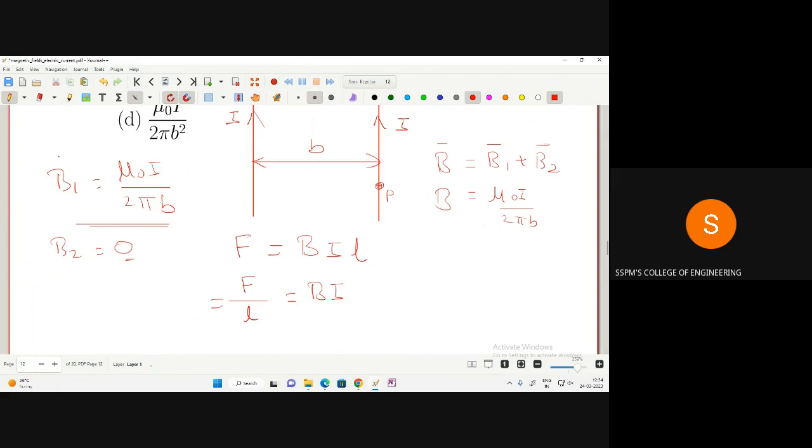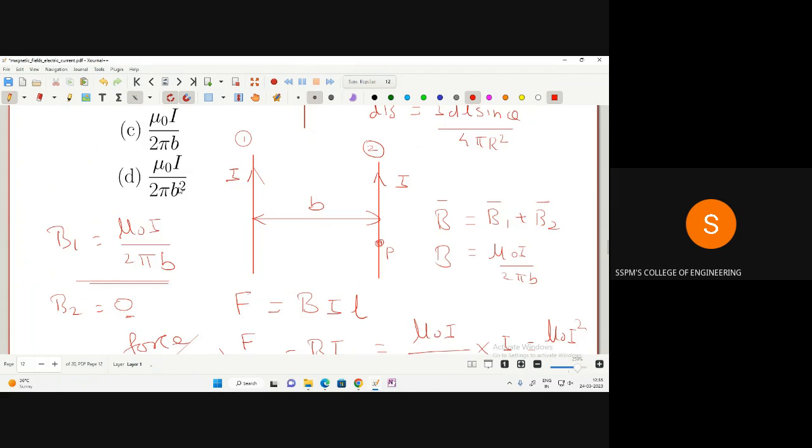Where F divided by L is force per unit length. Force per unit length is equal to B into I, where B is given mu 0 I divided by 2 pi b multiplied by I gives mu 0 I square divided by 2 pi b. कुठला ऑप्शन करेक्ट आहे बघा?